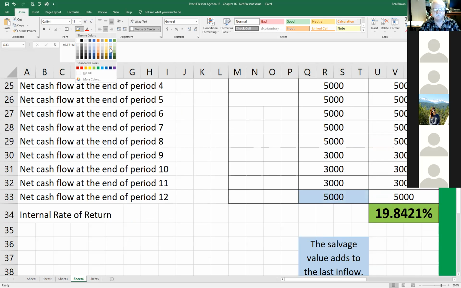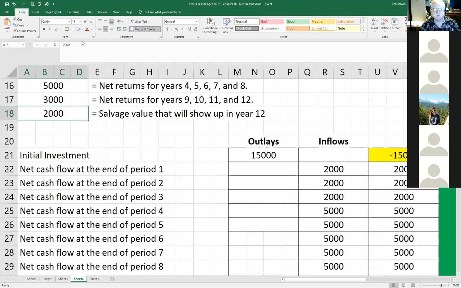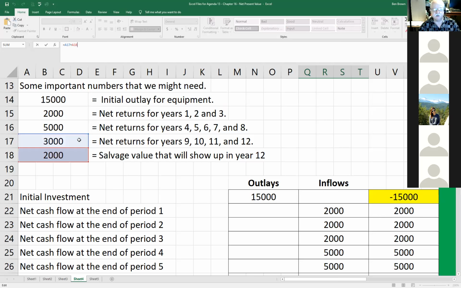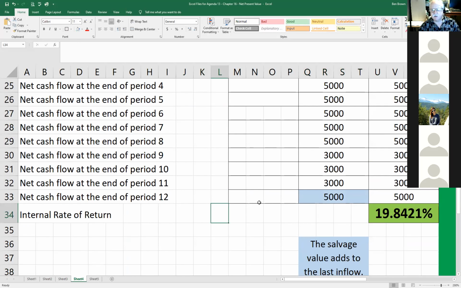In this last period, we're taking the 3,000 plus the 2,000. And because we had to adjust that, this 3,000 here only happens 3 times, and the 5,000 happens 1 time.